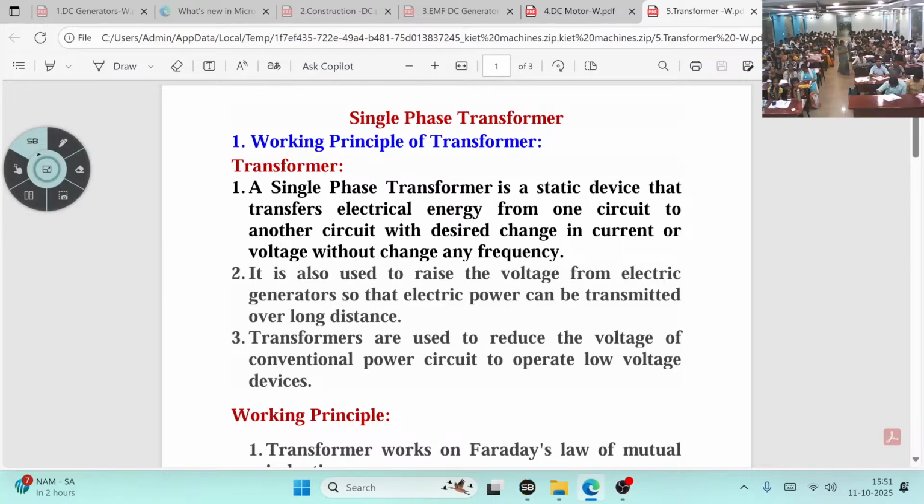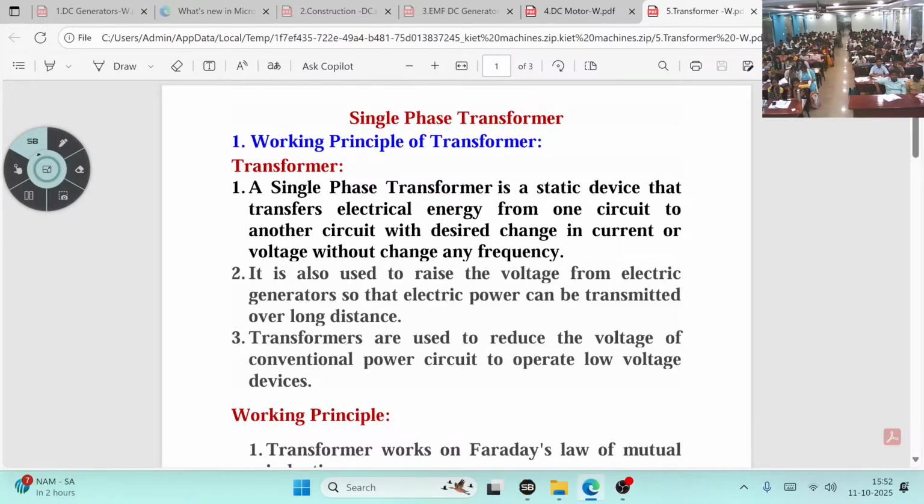Who will do it? Not the transformer alone. The transformer will level down the voltage. First it will convert 230 volts AC to 9 volts AC. I will tell how it is leveling down.